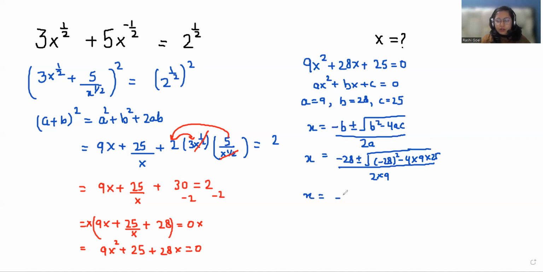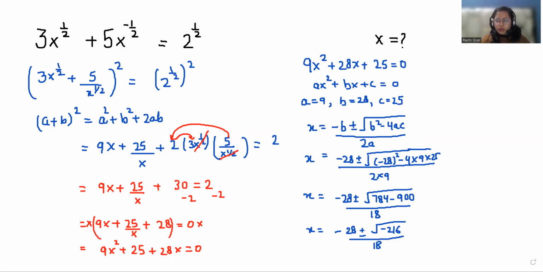So x is equal to minus 28 plus minus under root 28 square is 784 minus 4 times 25 is 100, and 100 times 9 is 900, divided by 18. So x is equal to minus 28 plus minus, when we subtract this we get minus 116 under the root, divided by 18.